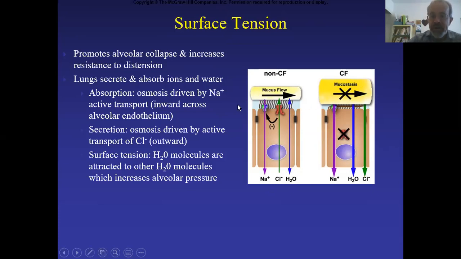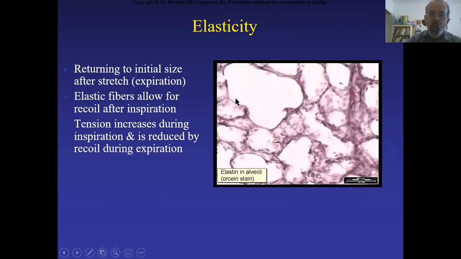With water here and water out here, that is going to attract other water molecules in other places. For example, water molecules here are going to attract water molecules over here. And eventually those water molecules can pull on each other, causing this very large alveoli to collapse.